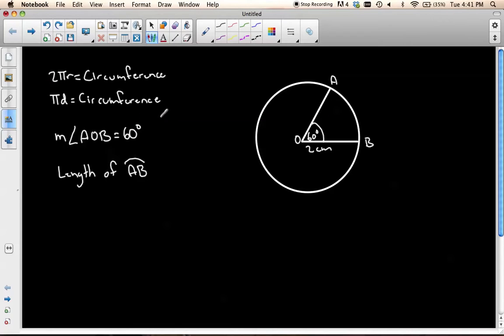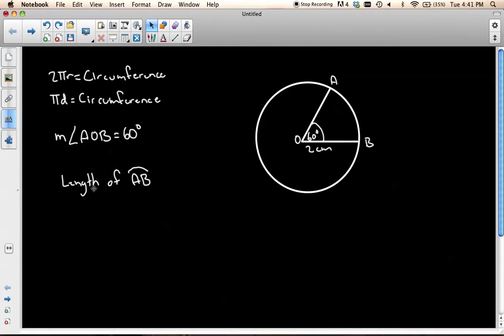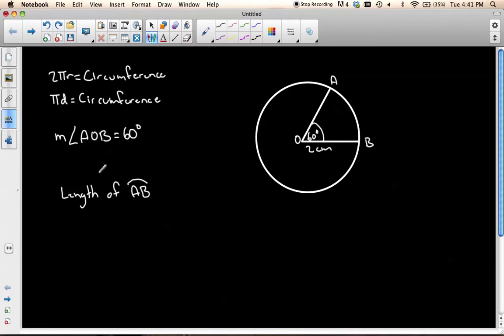Well, in a lot of ways, the way we work this out is the same way that we did circle graphs. The same way we turn percent into angles on circle graphs, we do something very similar with finding the length of an arc. The first thing we look at is, we don't know what the length of arc AB is.